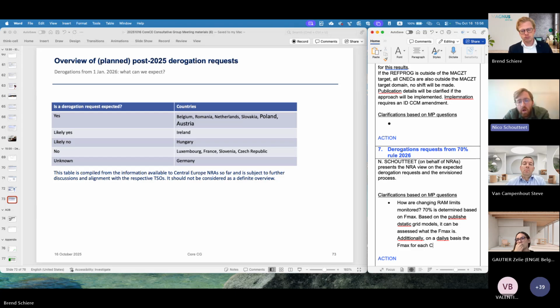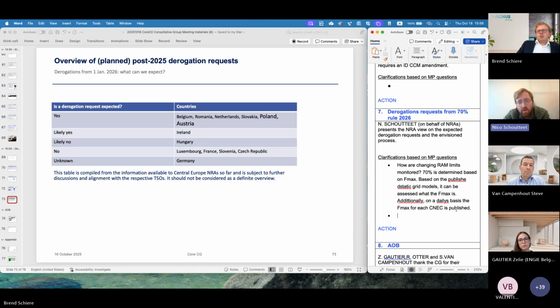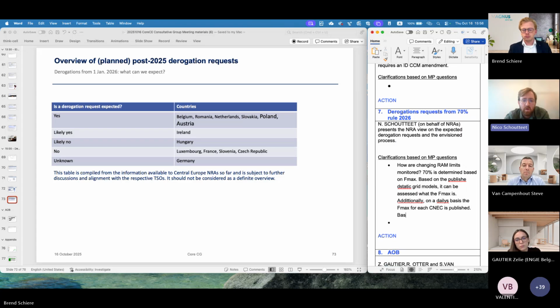What we also do, for example from CREG's side, is monitor the compliance, but that's ex post, obviously. Every year we publish a report on to which extent ELIA complies with the 70% plus derogation requirements. There we make the distinction of showing all the numbers, all the statistics that we calculate with regards to compliance for, on the one hand, internal elements, on the other hand, external or cross-zonal network elements.